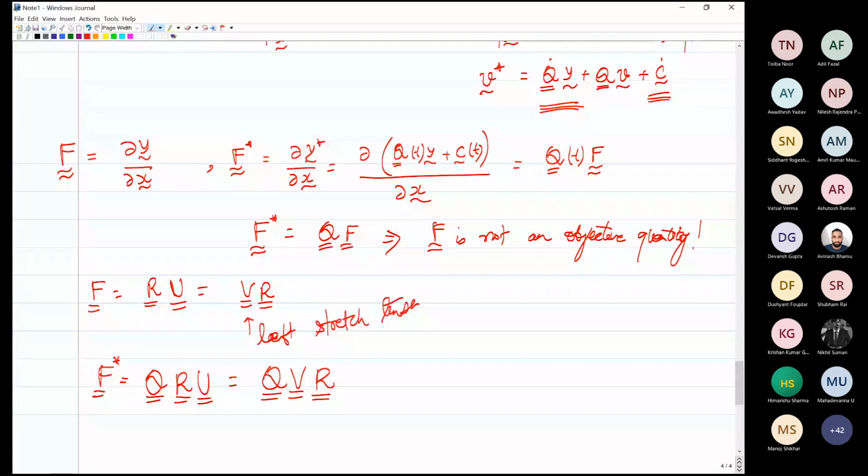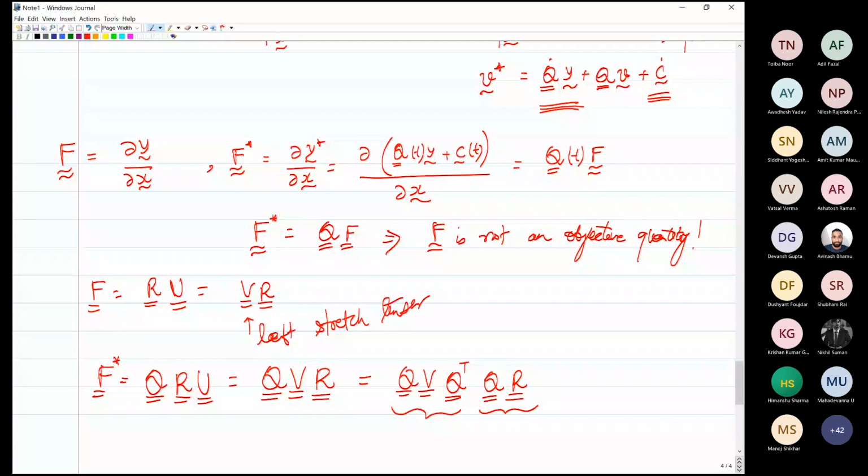Now this we can also write as Q into V into Q transpose into Q into R. Okay, and in this decomposition you notice that this is symmetric and positive definite. If V is positive definite and symmetric, then this is also symmetric positive definite, and this is a rotation tensor.